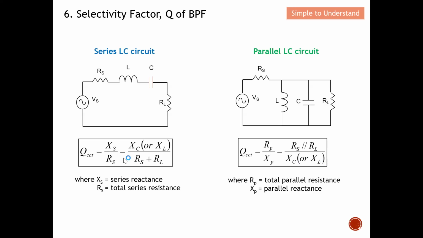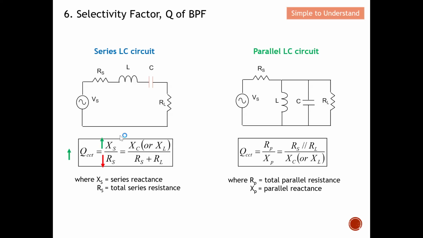Let's take a close look at the behavior of the Q. When I want a high Q, what I need to do is increase the reactance of either the capacitor or the inductor. How do I increase the reactance?